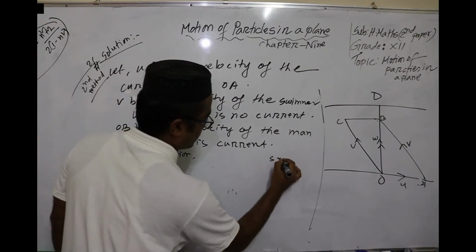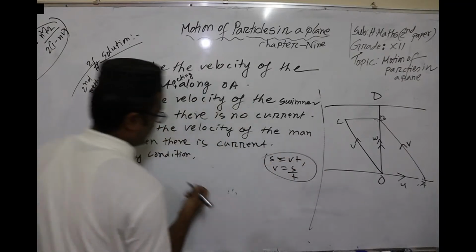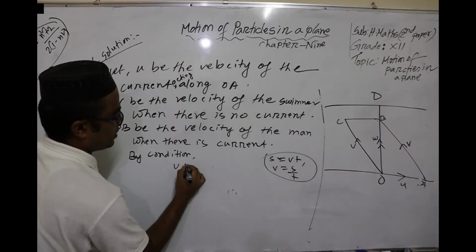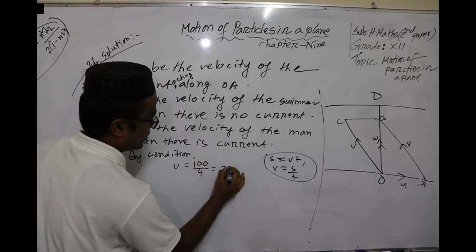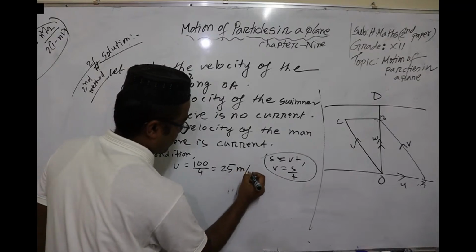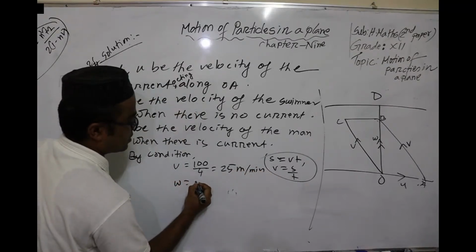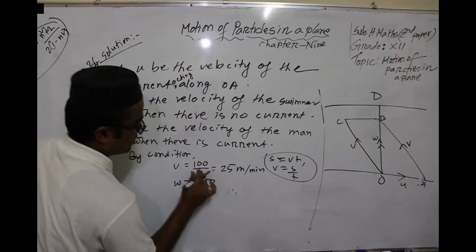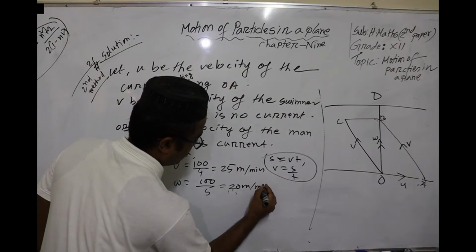The formula s equal to vt, or v equal to s by t, you need to apply. So v is 100 by 4, which means 25 meter per minute, and the resultant w equals 100 by 5, when there is current, 20 meter per minute.